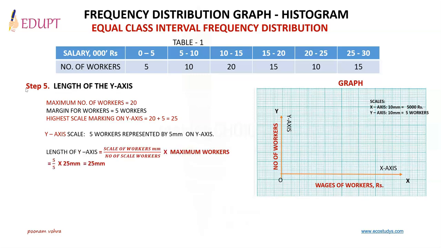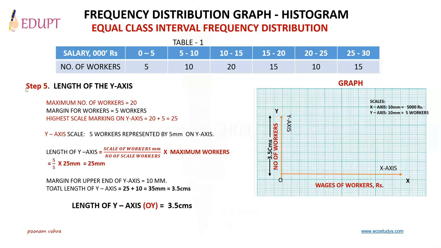So length of y-axis would be scale of workers divided by number of scale workers into maximum workers, which is 5 by 5 into 25 or 25 mm. Margin for upper end of y-axis is 10 mm. So total length would be 25 plus 10, which is 35 mm or 3.5 centimeters. So length of y-axis would be 3.5 centimeters.